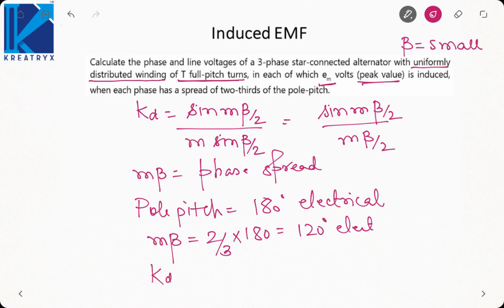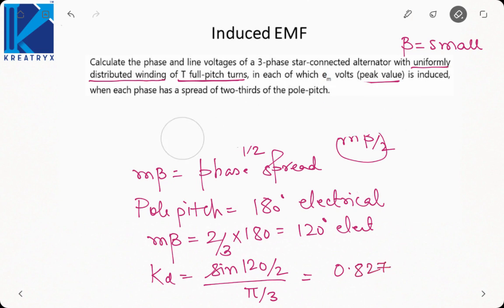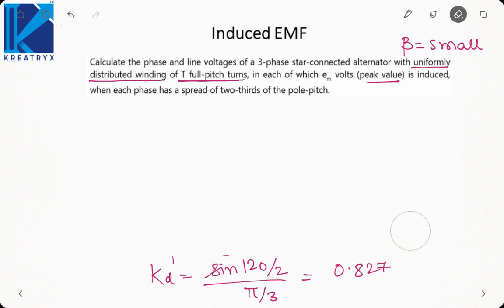So what will be Kd? Sine of 120 by 2, divided by 120 by 2. Remember, in the denominator, this angle should be in radians. So 120 by 2 is 60-degree, or we can say pi by 3. So it will come out to be 0.827. Now, as I have already told you the expression for induced EMF, what will be my induced EMF?